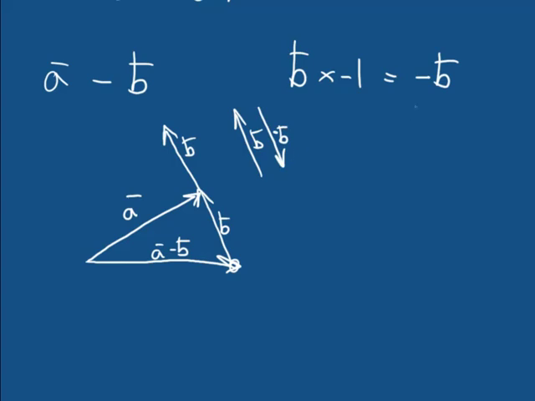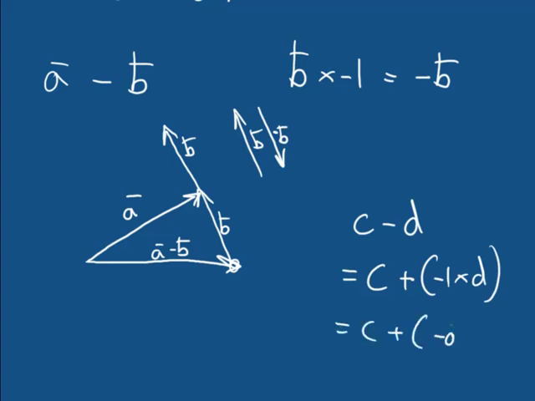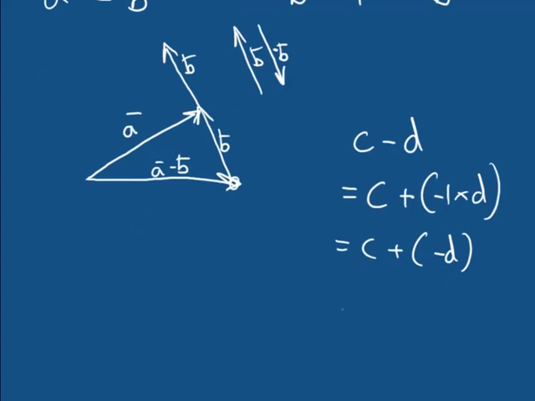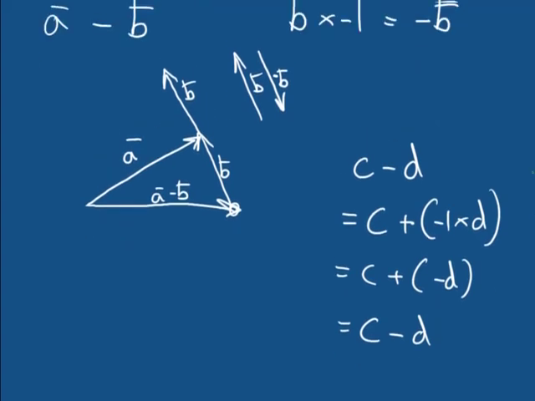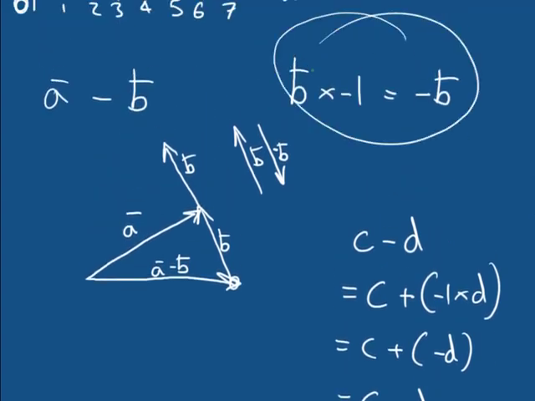Now, when we're writing numbers, if we had c minus d, we know that we could write this as c plus -1 times d, because if we have that, c plus -1 times d gives us minus d, and if we're adding a negative number, it's the same as subtracting the number, so we have c minus d. So we can see that in terms of numbers, the same is actually true with our vectors.